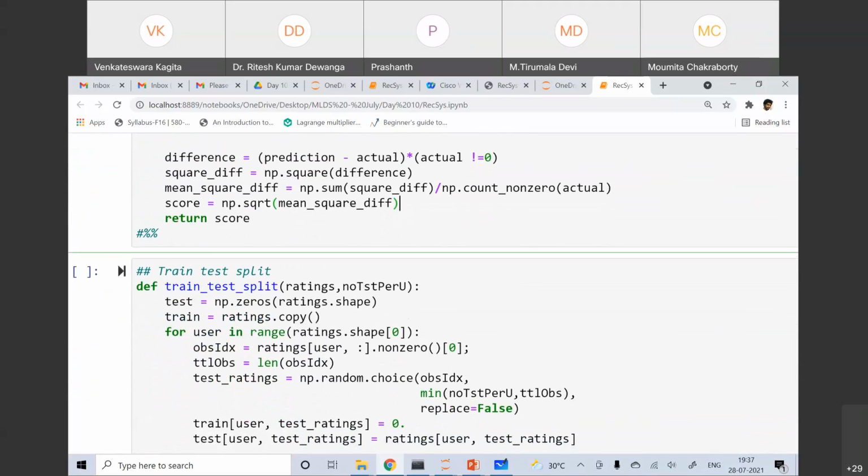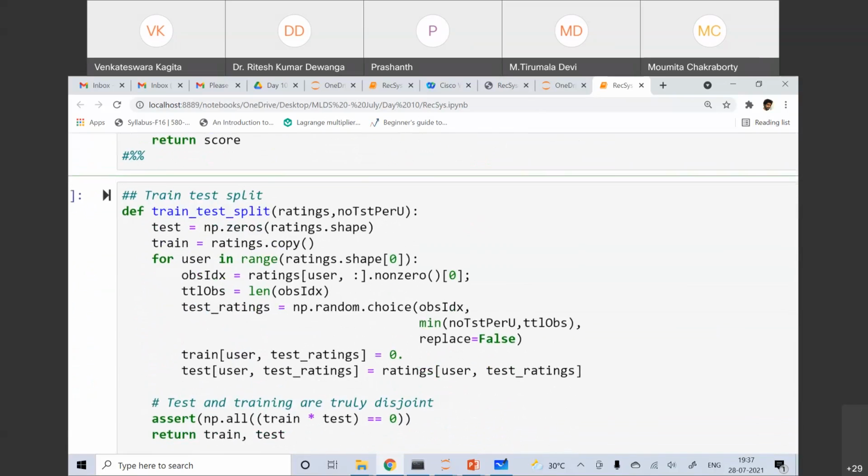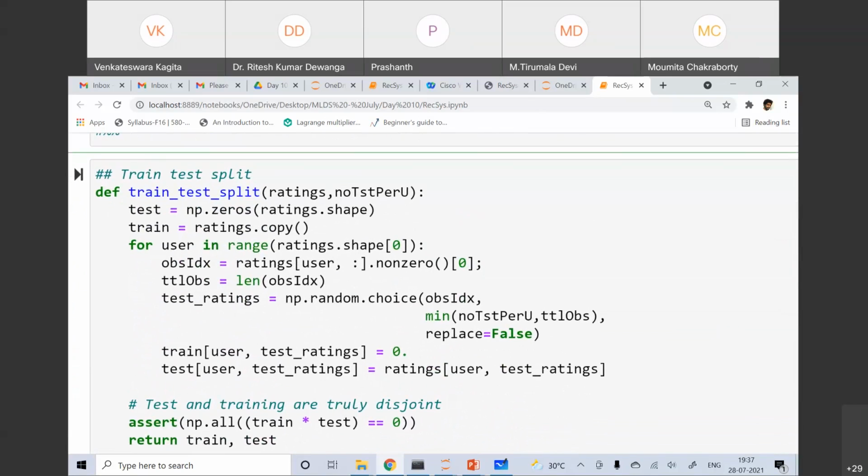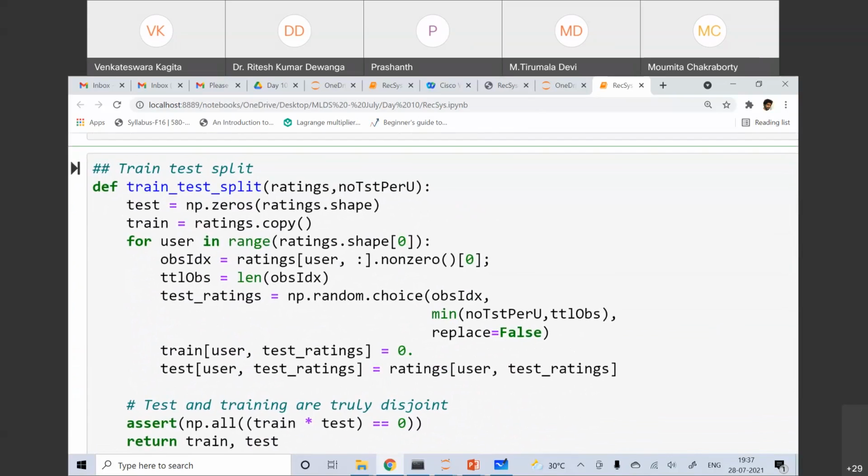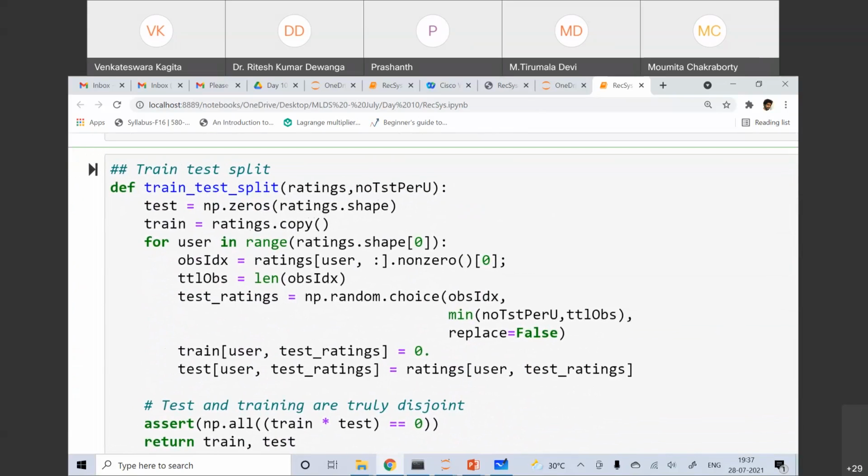And this is a test train split. How are we doing it? For each of the users, the number of test instances is defined. For example, 30% of the rated items or the observed items is the test set. For each and every user we do this. So what are we doing?